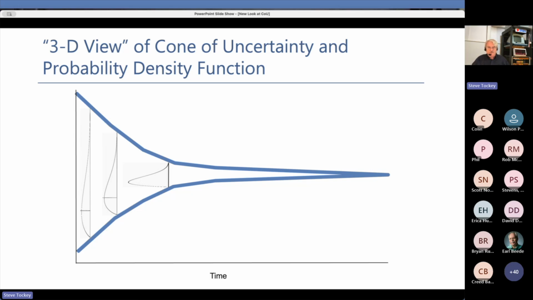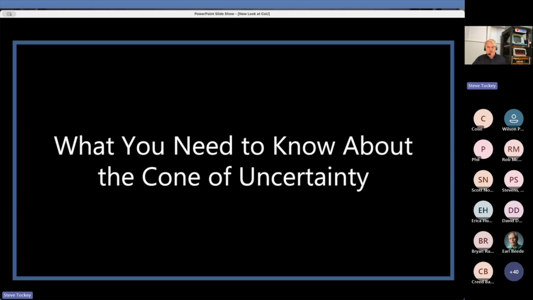Okay, now in terms of what you need to know about the cone of uncertainty, Construx as a company has been involved in cone of uncertainty related work for literally 30 years. This is something that as long as we have been in business, we've been doing things with cone of uncertainty, including gathering data from organizations, and I'll actually show you some.